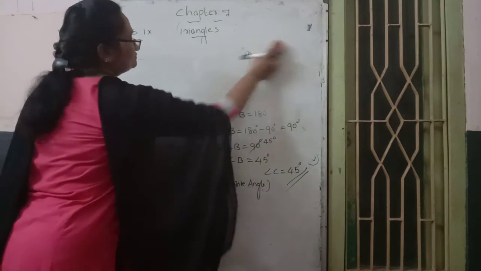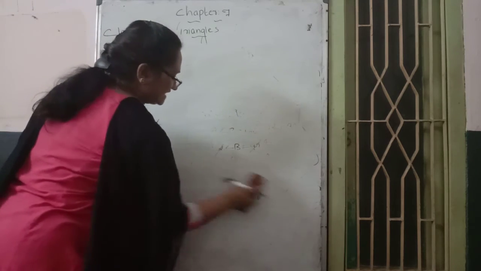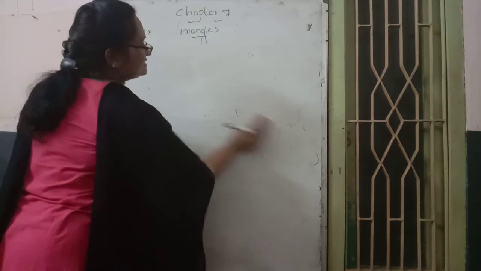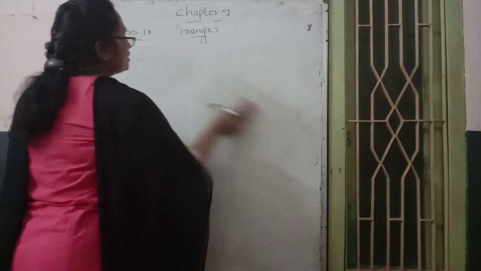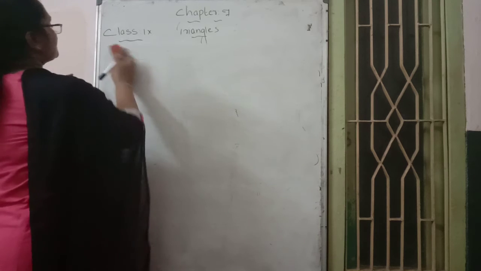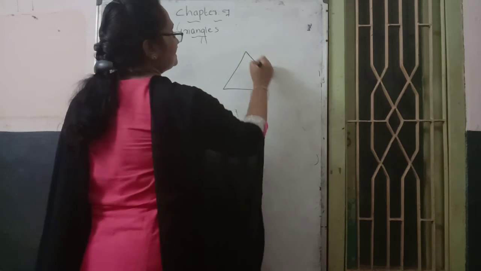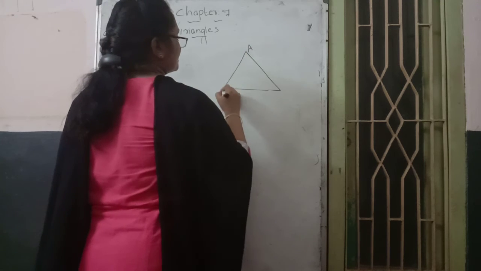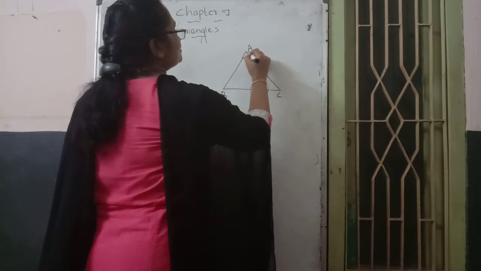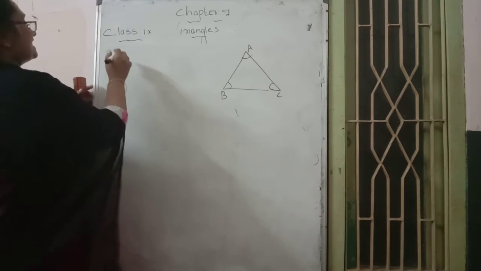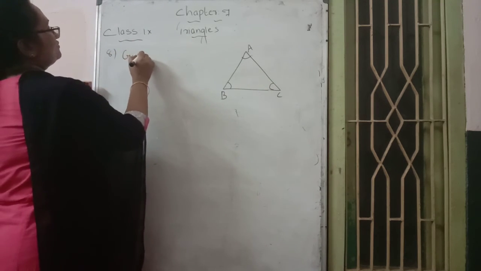The 8th question tells about an equilateral triangle. The specialty of an equilateral triangle is that all angles become 60 degrees. ABC is the equilateral triangle, and all angles are equal. What is given?